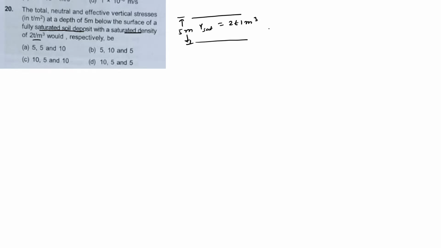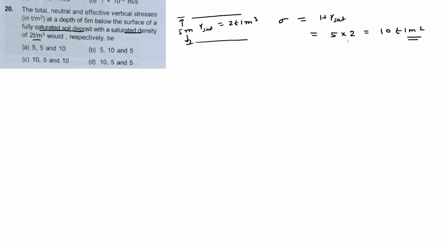The total stress sigma is equal to depth h into gamma sat. So h is 5 into gamma sat 2 ton per meter cube, so this is 10 ton per meter square.